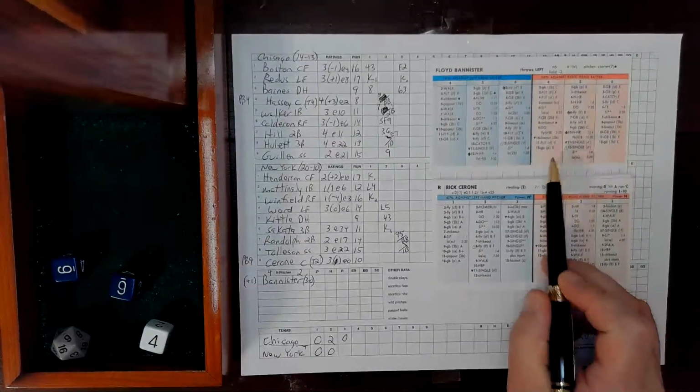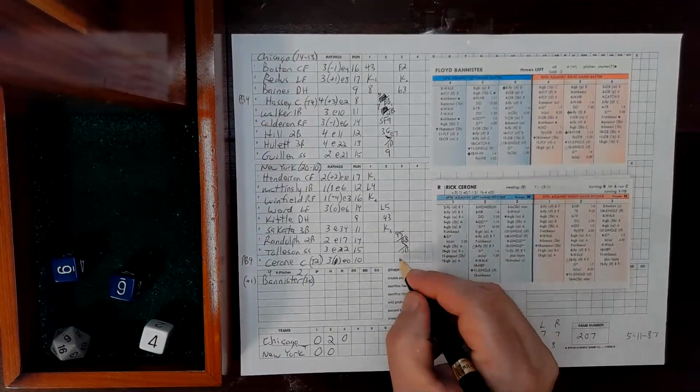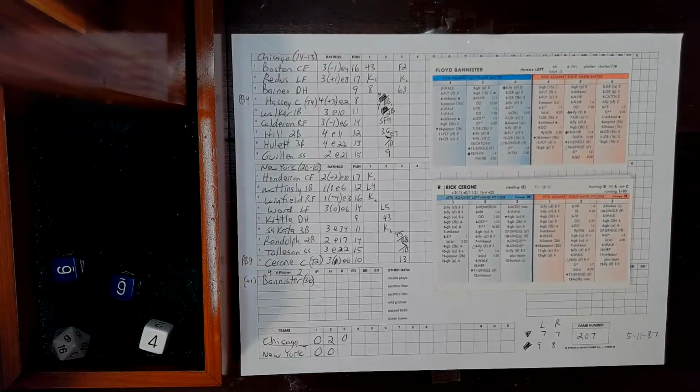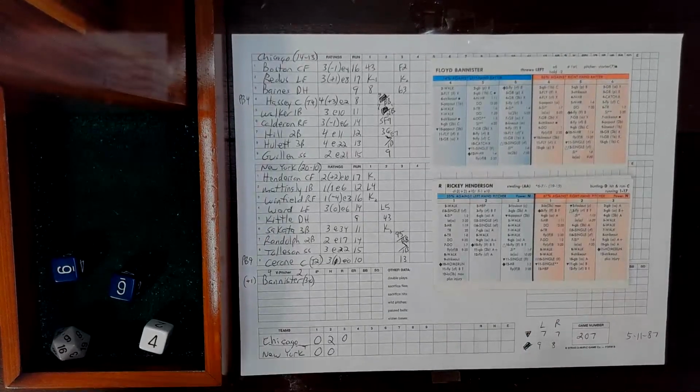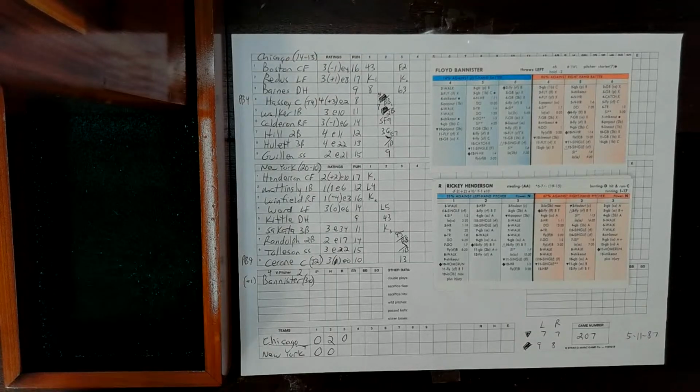4-12 for Cerrone against the right-hander, who is a ground ball pitcher B, and that will hold Tollison at second base. So ground out, and Tollison will have to stay right where he is. 2 down. It's up to Rickey Henderson of the Yankees. It is a clutch situation for Rickey.